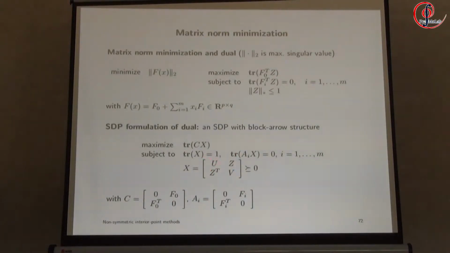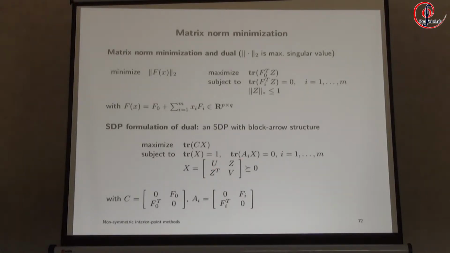You have a diagonal, or if you set off-diagonal elements of U equal to 0, then you have an arrow. In other words, the values of this matrix that are involved in the constraints are only the diagonal because of the trace, and then the entries in Z. It doesn't involve any other off-diagonal entries of U and V.